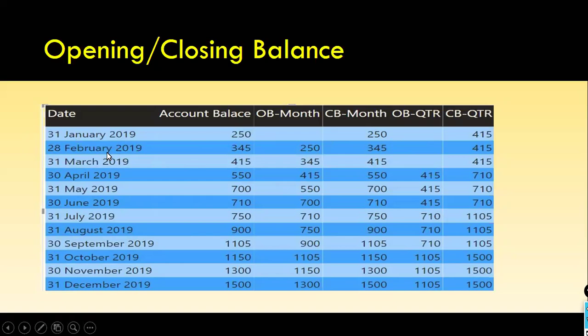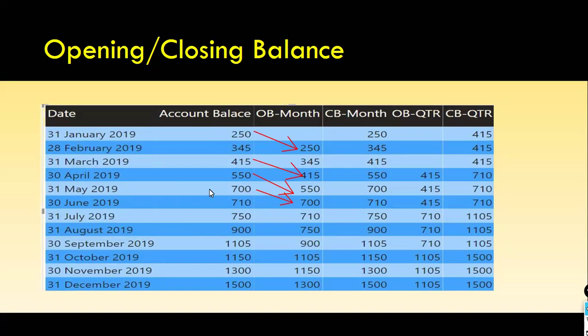And in the next line, if you see the 20th February, in my account I have 345 rupees. And the opening balance for the February month is this one. Every month's opening balance is nothing but the previous month's closing balance. You know very well, right?